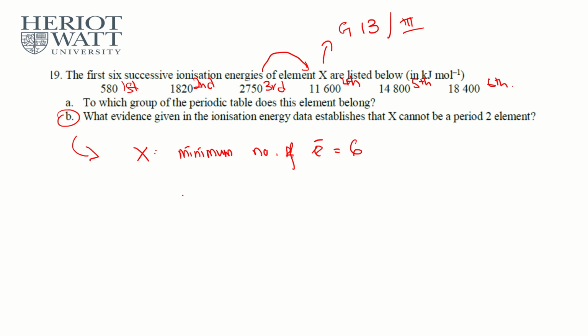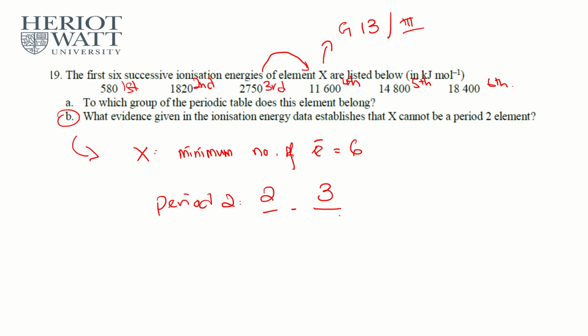Now, next, we look at the conditions. If X were from period 2, it means I only have 2 shells. Something, dot something. And from here, we know that X is from group 3, so I should have 3 valence electrons in the outer shell. And the first shell, the number is always 2.